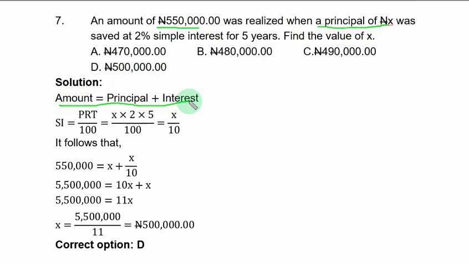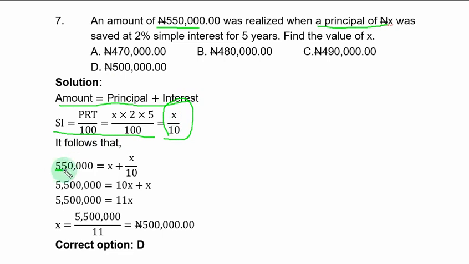The principal is S, but interest is unknown. So interest is equal to principal times rate times time over 100, and that is S times 2 times 5 over 100, which simplifies to S over 10.